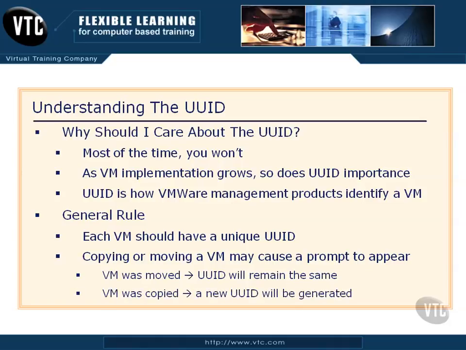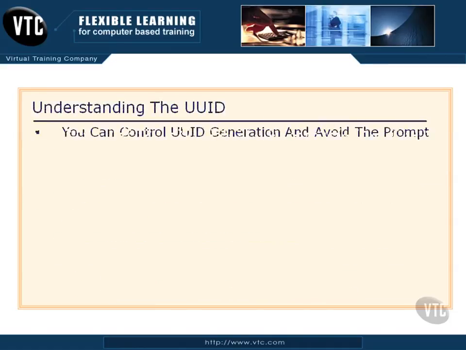However, if this virtual machine was copied, then there is another one that will have the same UUID, and that could potentially cause problems down the road. So if you answer that the virtual machine was copied, it will generate a new UUID on the newly copied machine, and this prevents you from getting confused in your management tools later on.